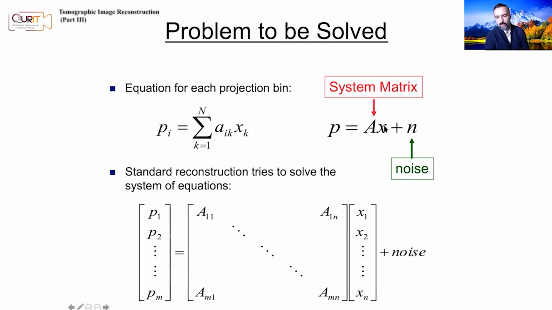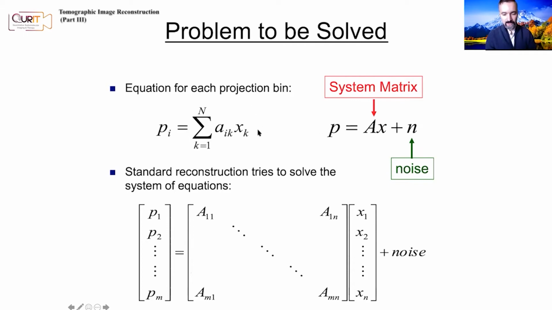Even though this is a 1D vector, that doesn't mean your image is 1D. Your image is 3D, or it could be 2D if you're just thinking of a slice, or 3D if you're thinking across the body, but you write it out as a 1D vector just because of the linear algebra formalism, and you're not oversimplifying.